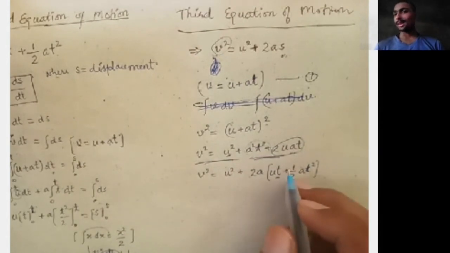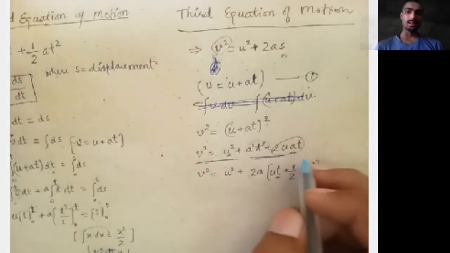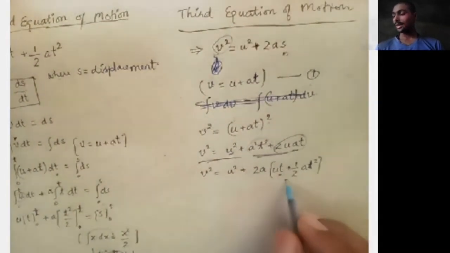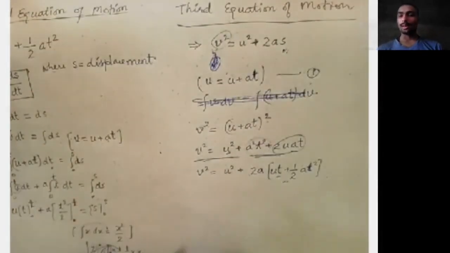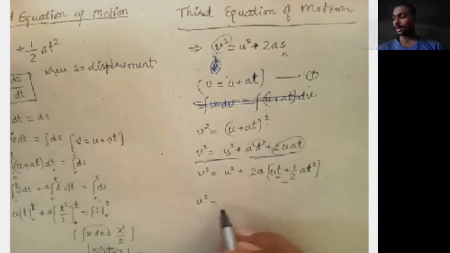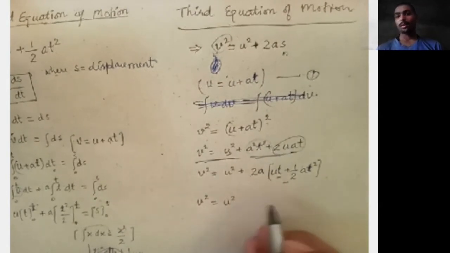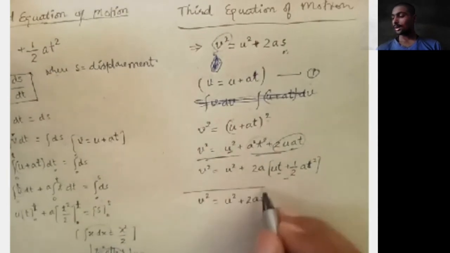So we have a square t square and 2uat. So it means that we have got the distance, that is 2as. So now the whole equation is v square equals u square plus 2as.